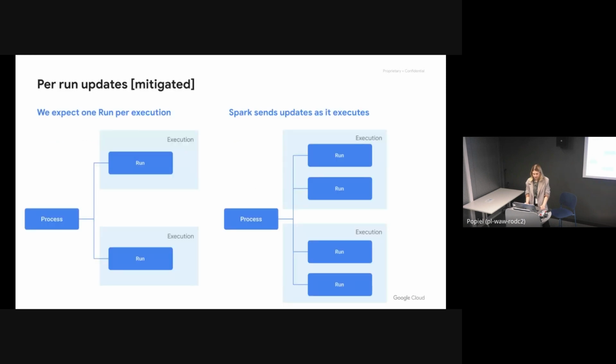The next one is the updates per run. In our mental model, we expected one execution of the process to produce one run. Then we observed that Spark just emits new run events as it executes. As a result, there was a mismatch between our architecture and the actual input we received.